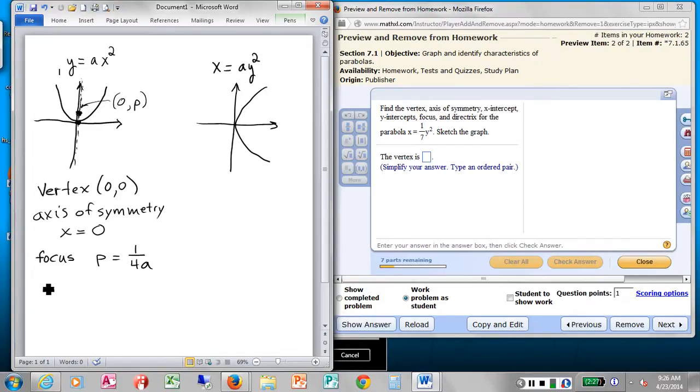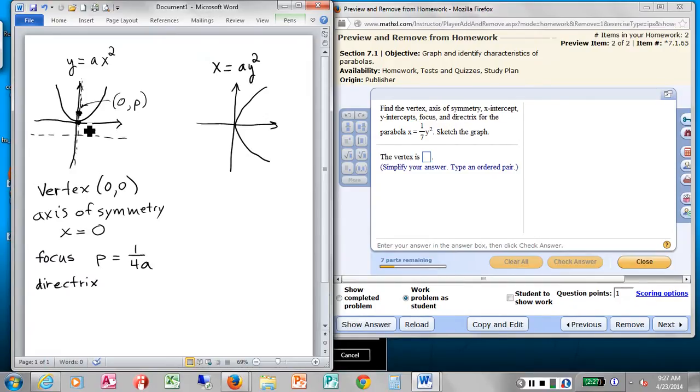Now, another one that I don't think I've mentioned yet is a line called the directrix. The directrix is a line perpendicular to the axis of symmetry, and it's actually going to be below, in this case, below the parabola.